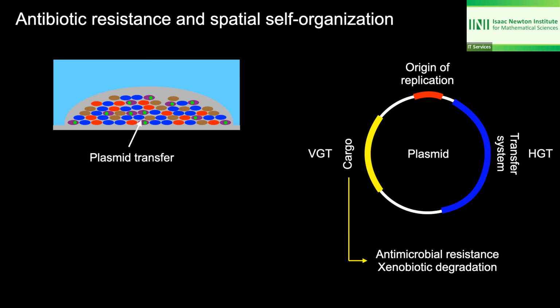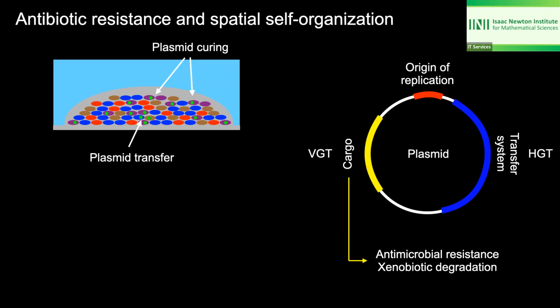For instance, you can have plasmid transfer between carriers to new species that did not previously contain the plasmid. You can also have plasmid curing and loss events due to errors in the segregation control system in these plasmids. So when they divide, some of the daughter cells can emerge that are now plasmid free.